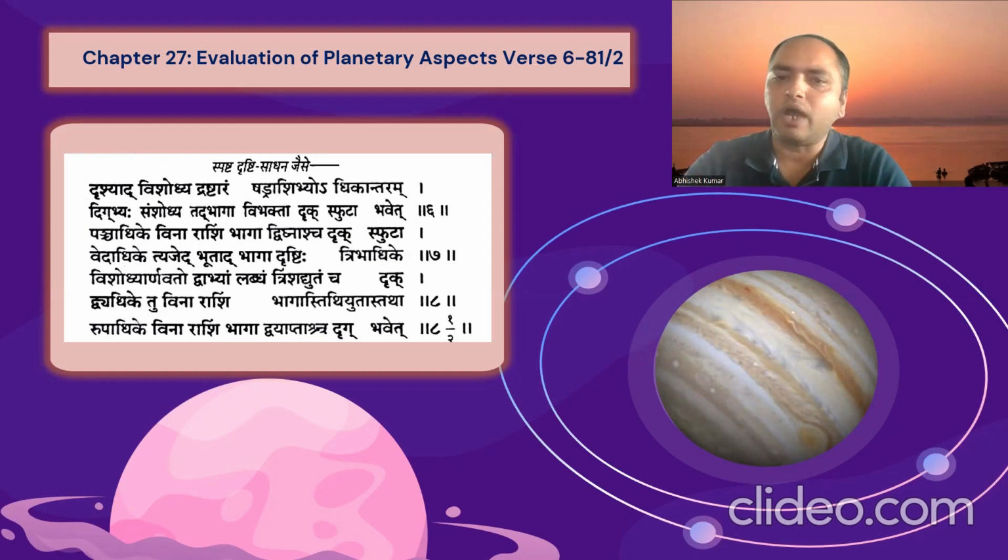In this case, you have to add 360 degrees to the longitude of the aspected. Then you can deduct, and you will get the value. That value is the drishti kon, that is the aspectual angle. So in any case, you are able to calculate the aspectual angle.